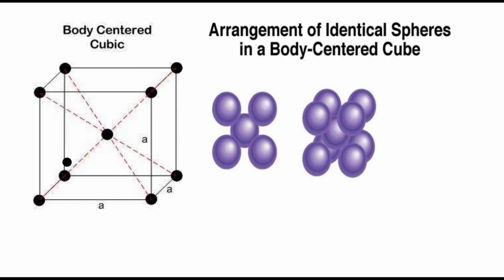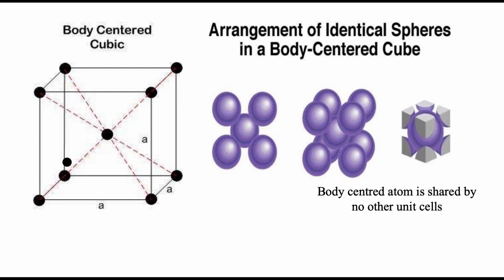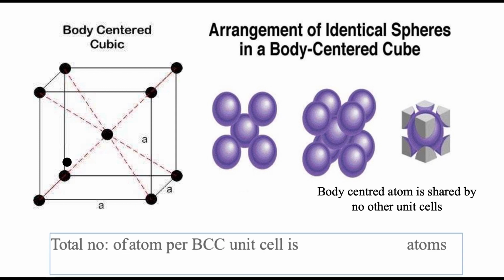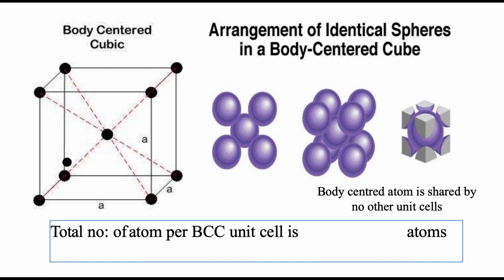The whole of this atom is completely inside the cell. Hence, its contribution to the unit cell is 1. Thus, the total number of atoms per body-centered unit cell is 1/8 multiplied by 8 from corner atoms, plus 1 from the body-centered atom, that is 2.